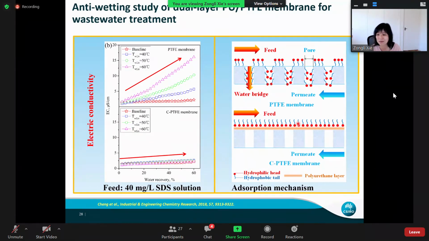The reason we believe is that we have this hydrophilic surface, so the hydrophilic head of the surfactant can absorb on that hydrophilic surface. In that way we can improve the anti-wetting property, and also we can prevent the hydrophobic layer from going through.